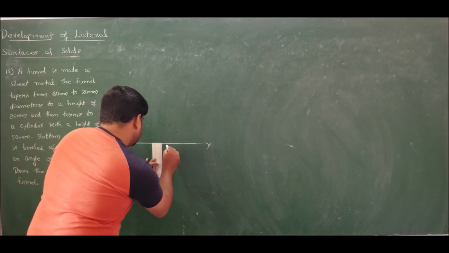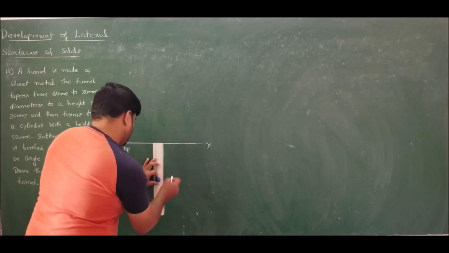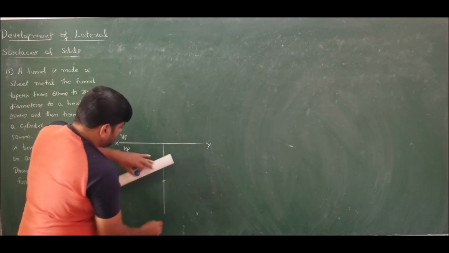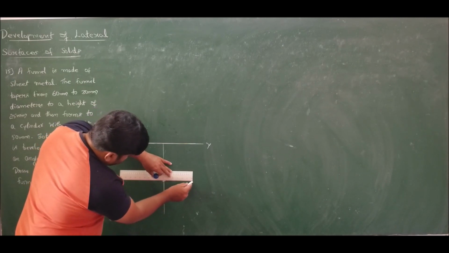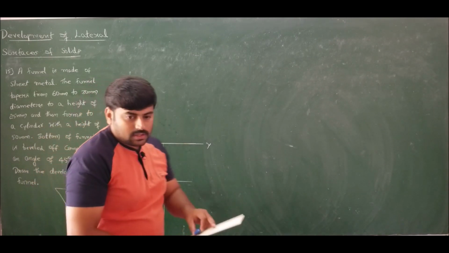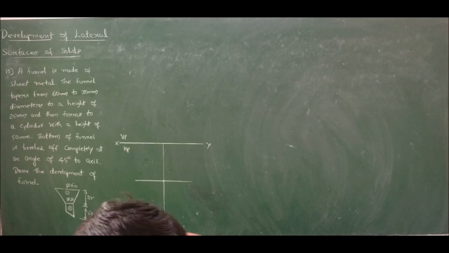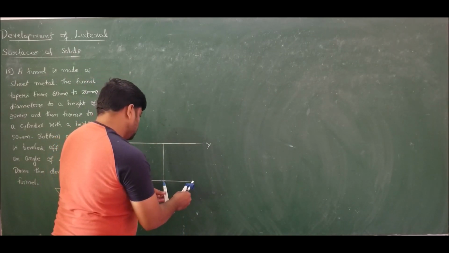Let me take a reference. From the center, let us draw two circles. The first is of diameter 60, so the radius is 30.